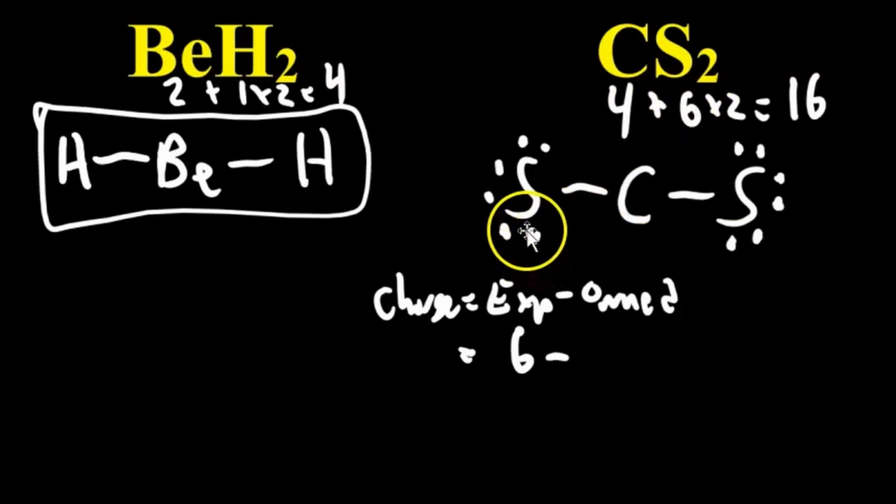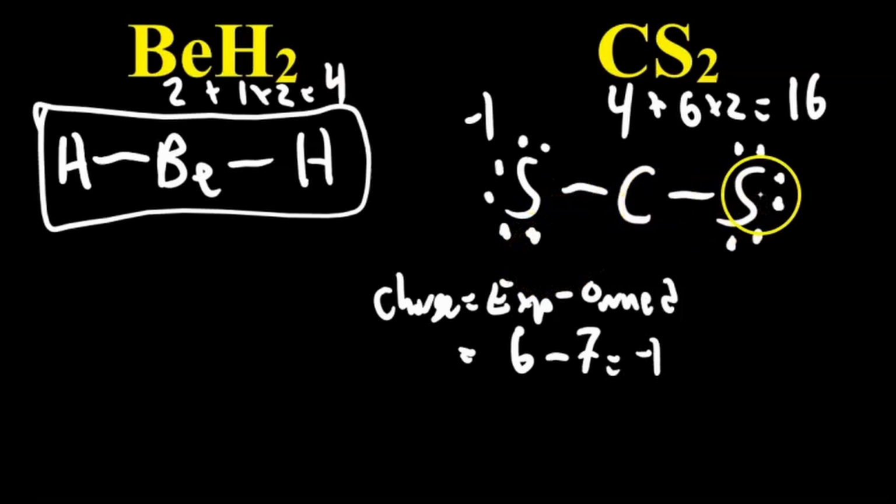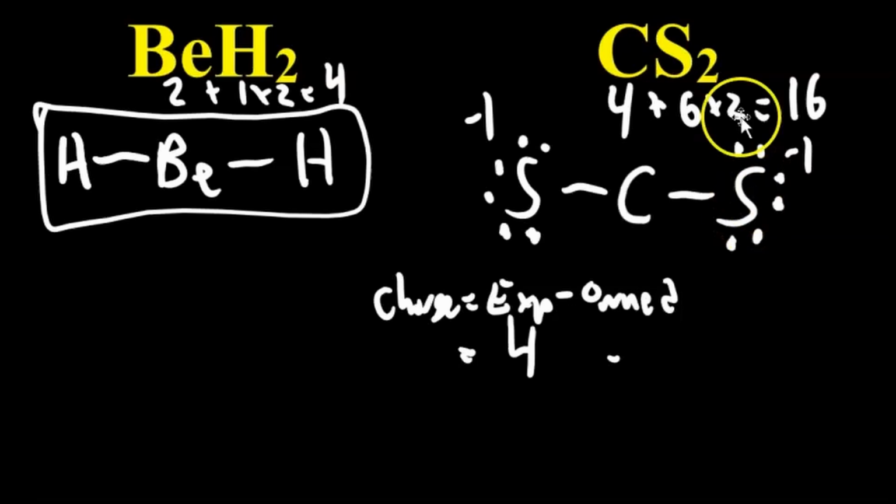It owns 7, 1, 2, 3, 4, 5, 6, and then 1 in the bond. So its charge here is -1. That would be the same for this sulfur here. This would be -1. And what about the carbon? Well, we expect carbon to have 4 based on the periodic table. It owns 2, 1 from each bond, 4 minus 2. So its charge is +2.